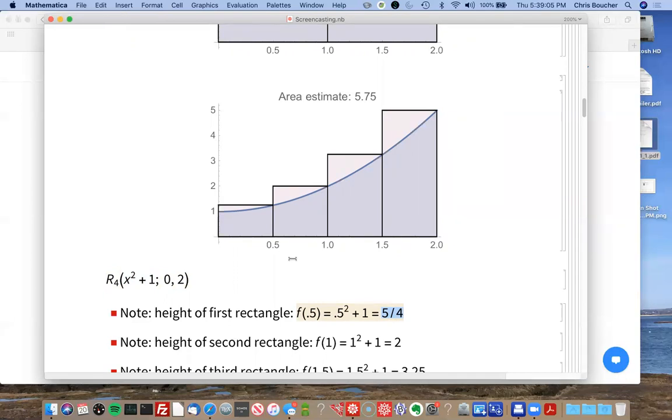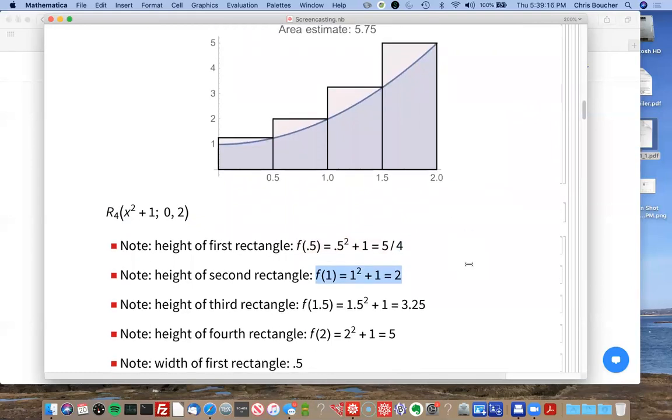The height of the second rectangle is the function value at 1, the right endpoint of the second interval. So that's f of 1, which is 1 squared plus 1. That comes out to be 2, and so forth for the third and the fourth rectangle. Notice that to get the rectangle heights, I'm evaluating the function at certain endpoints of the subintervals.